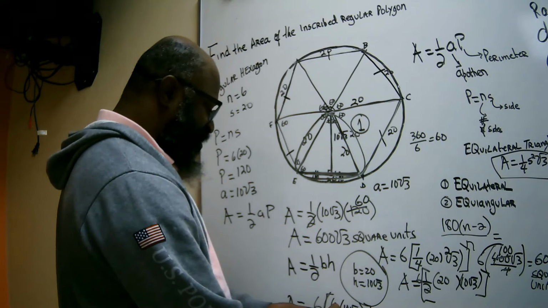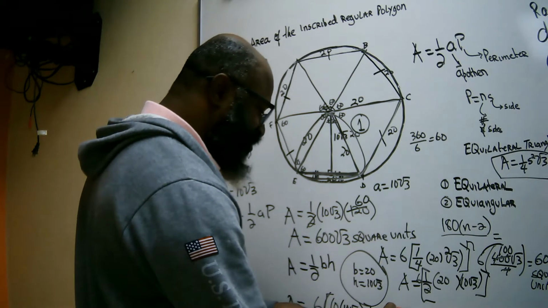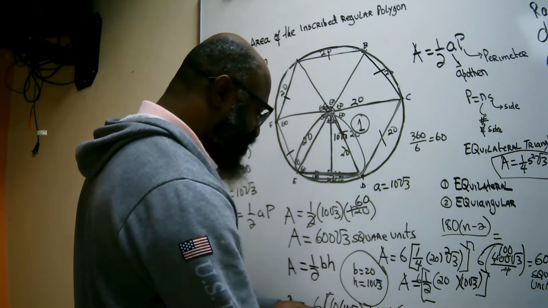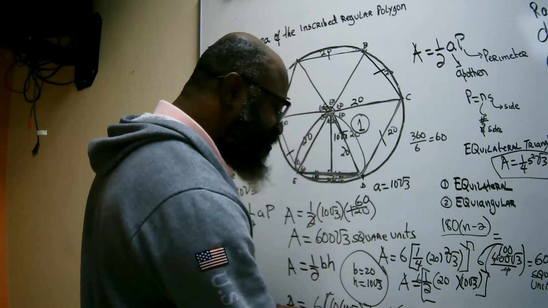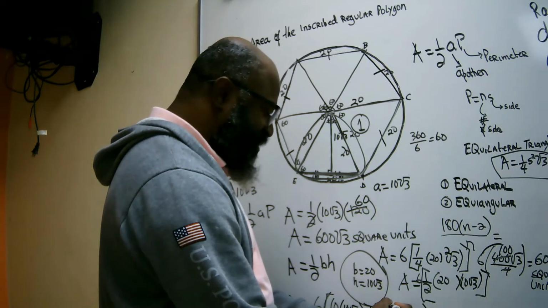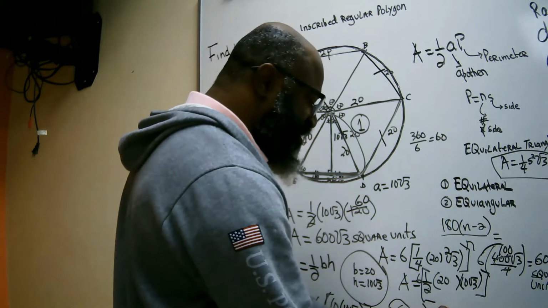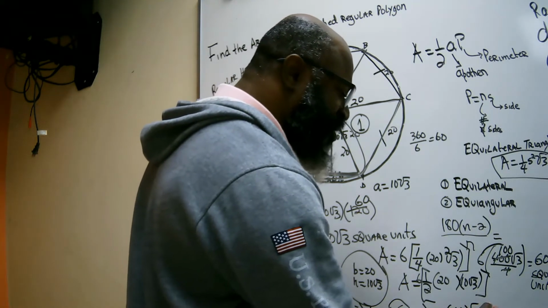Alright, we're going to come here inside. That will be 10 times 10, which will give you 6 times 100 square root of 3. And if I take 100 square root of 3 times 6, it's going to give me 600 square root of 3 square units.